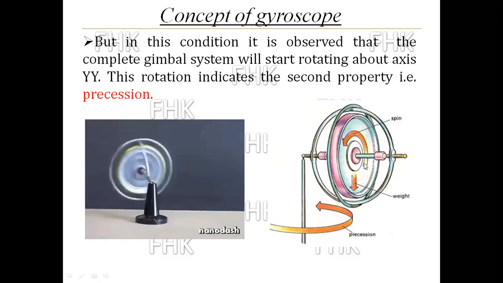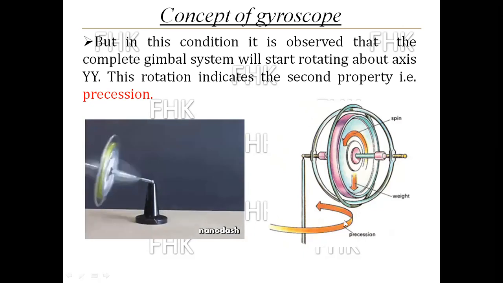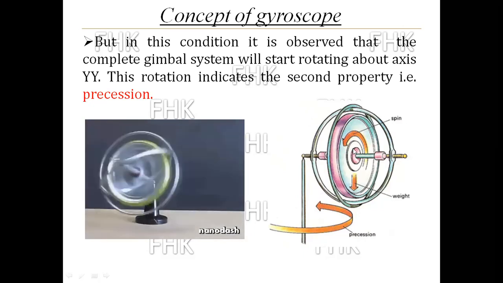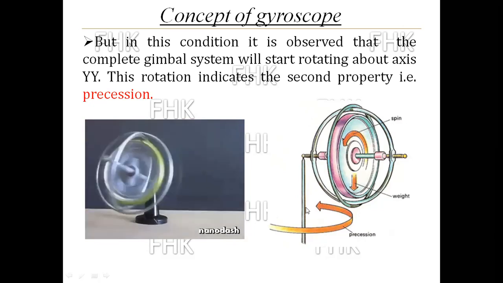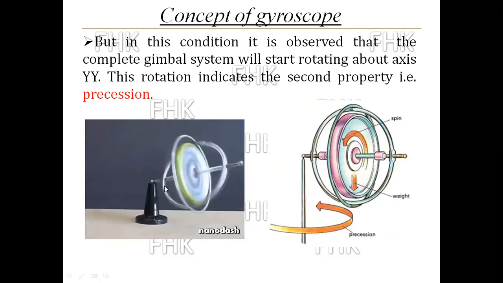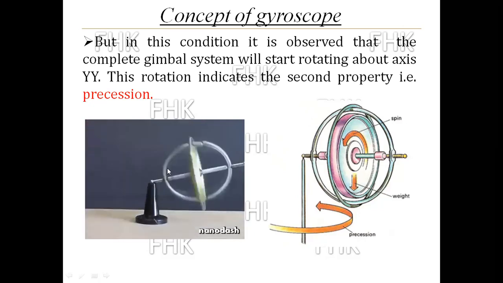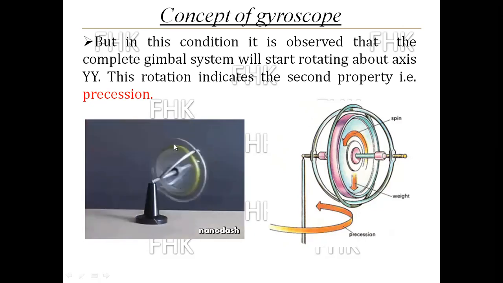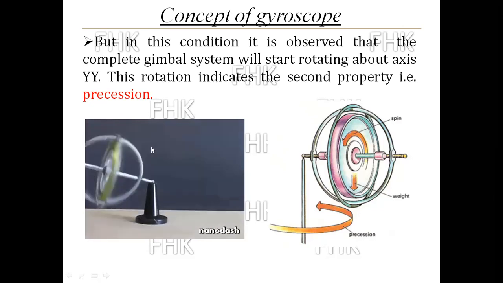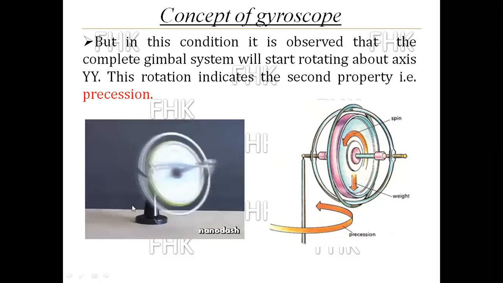So spin you can see in one plane and precession you can see in a different plane, which is perpendicular to the other. Spinning, we can say it is a front view or front plane, and the precession you can see from the top, which is another plane perpendicular to the previous one.